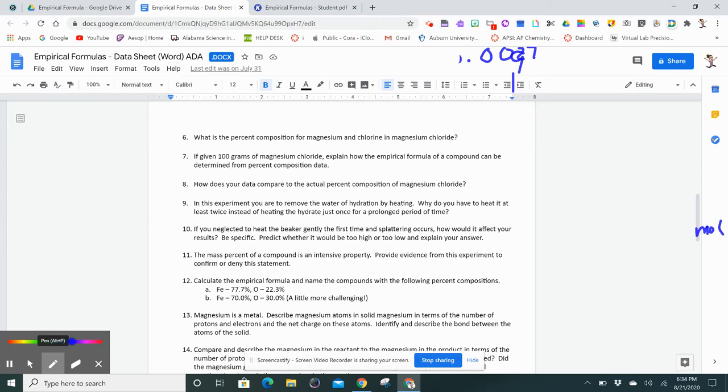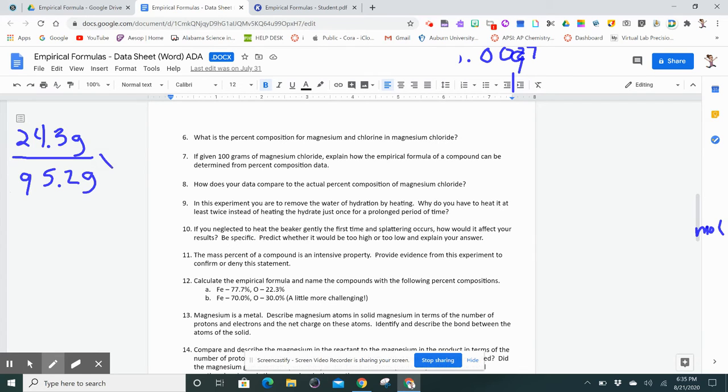So if we go back up, 24.31, that's the mass of magnesium, divided by the total mass of this compound, which is the molar mass of it. It's 95.2. And then I multiply by 100 to turn that into a percent.